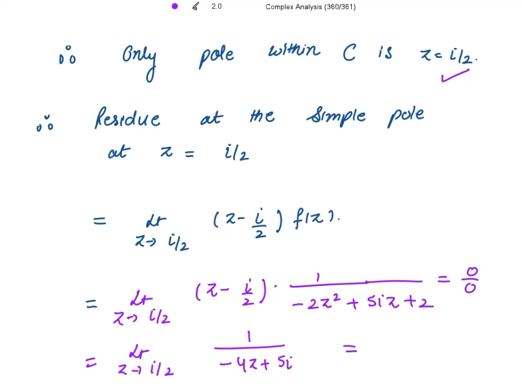So when you now put z equal to iota by 2, we get 1 divided by minus 4 into iota by 2 plus 5 iota. So this 2 is cancelled out with this 4, and we get 5 iota minus 2 iota, so this is 1 divided by 3 iota.